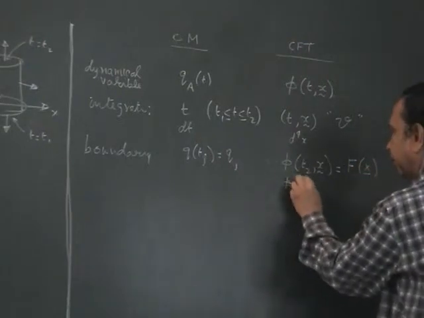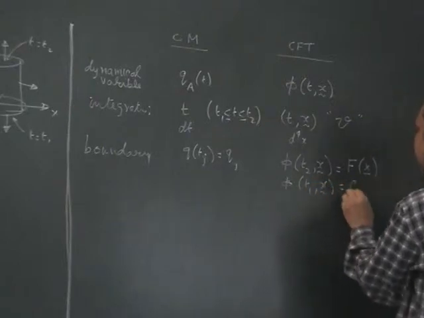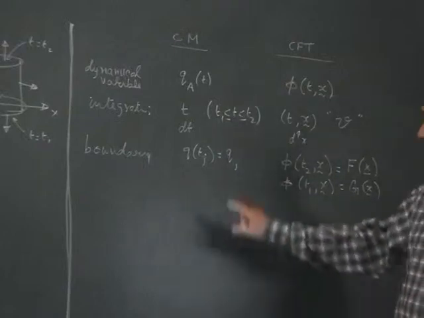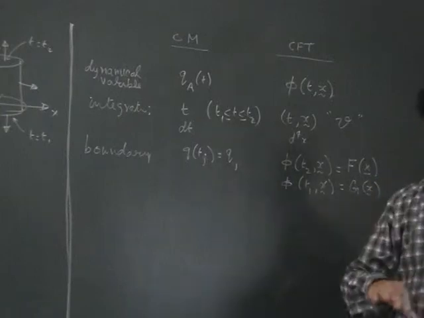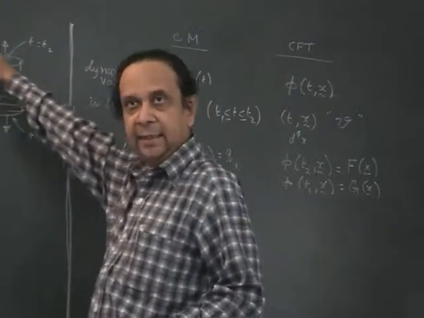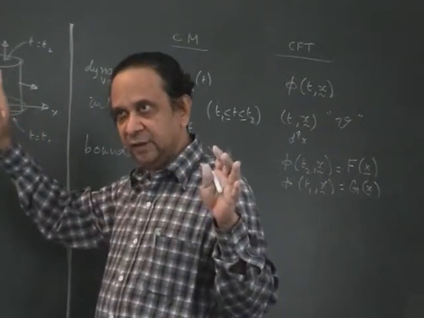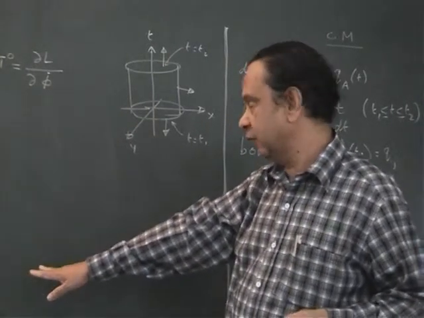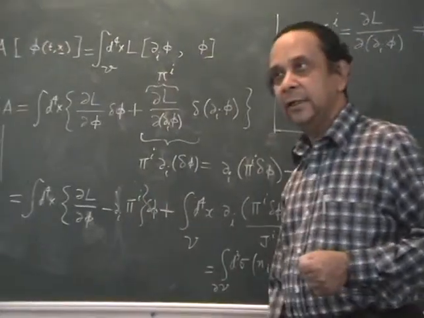Phi at t1 comma x is some other function g of x. Here these were just numbers q1 and q2. Here these are two functions. That is because on that space things can vary. So you tell me what is the field configuration there? What is the field configuration here? That is left frozen. Then you vary your delta phi in between, keeping that frozen, so then this term vanishes. Because it vanishes, you get your field equation.